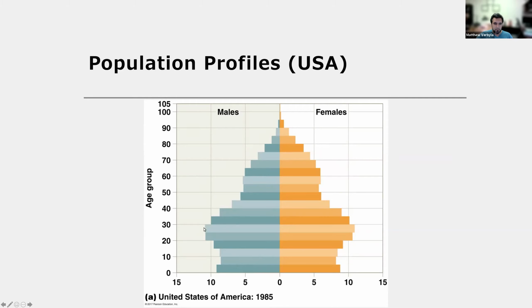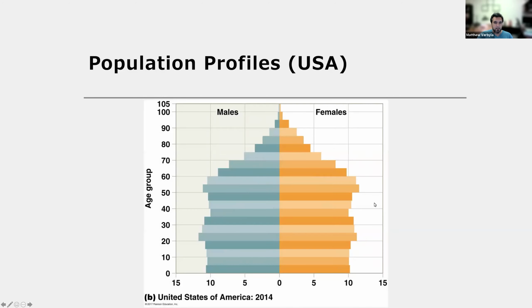So you see this kind of bulge in the population profile moves up to the 50s and 60s category by 2014. And at the same time, you see still a high growth of individuals in the age groups in their 20s and 30s, and those would be, in general, the children of that baby boomer generation.